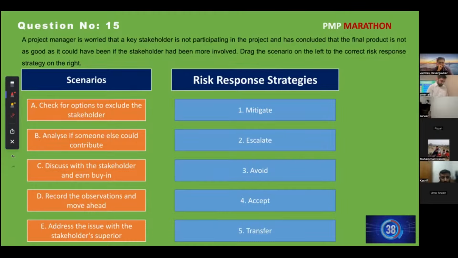I'm kind of worried, but let me see. Mitigate is something like putting an umbrella on it, you do something to resolve that. First, I would talk to the stakeholder one-on-one.